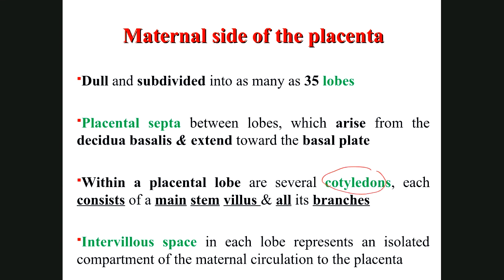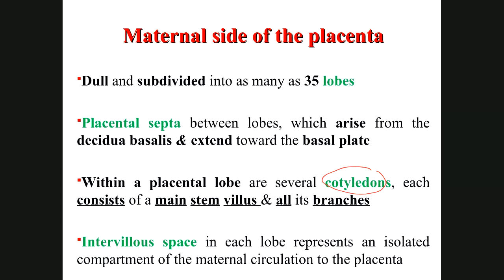At delivery, the pregnant lady will have a first contraction for the baby to come out, and after 5 to 10 minutes there is a second contraction for the placenta to come out. When the placenta comes out, it is our duty as a physician, and whoever is present at the delivery, to check the maternal surface for all the cotyledons to be intact.